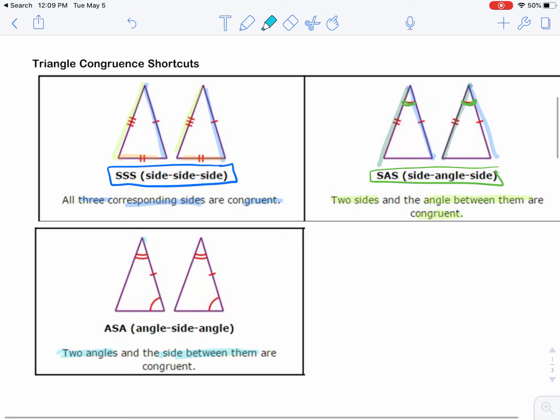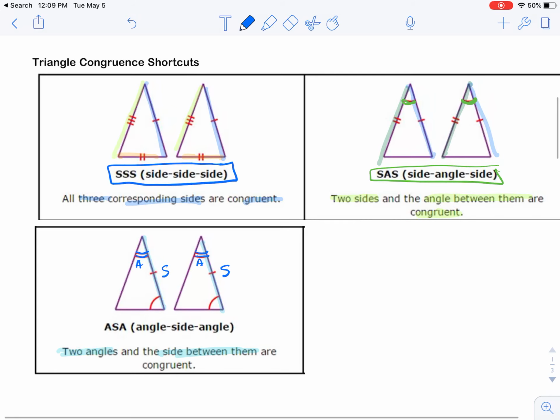So if you notice here, I have one side and the angles, it says I have two angles and the side is between them. So if you look here, I have an angle here. The side is in between them, and then I have an angle here. So this is angle, side, angle.